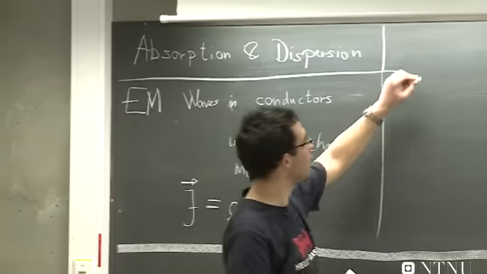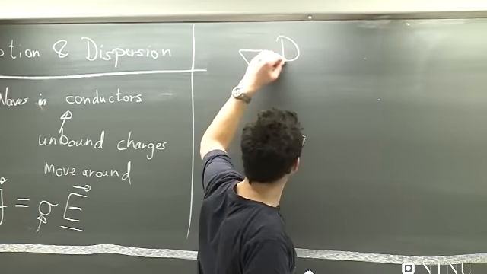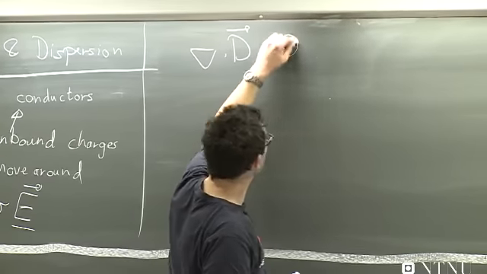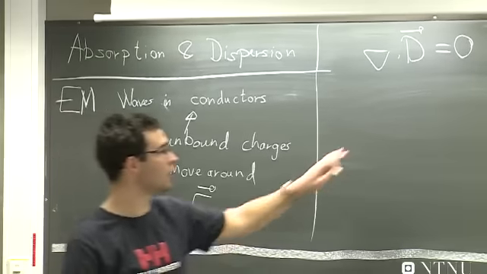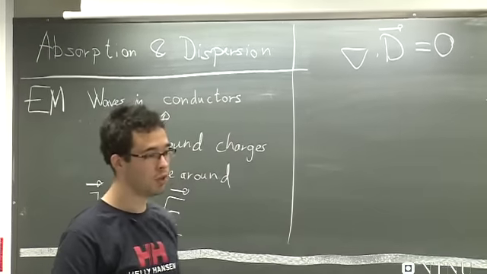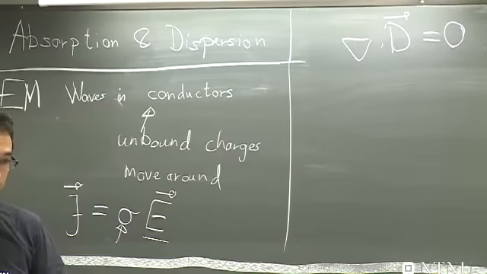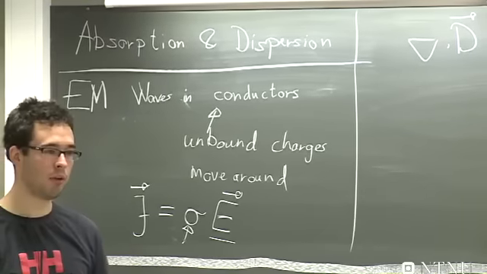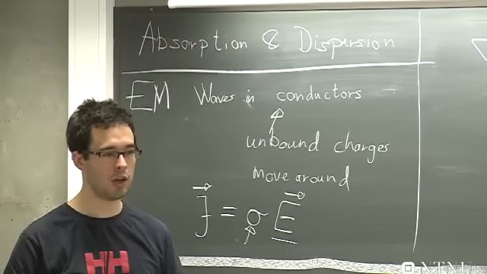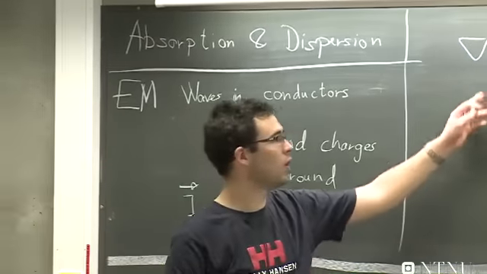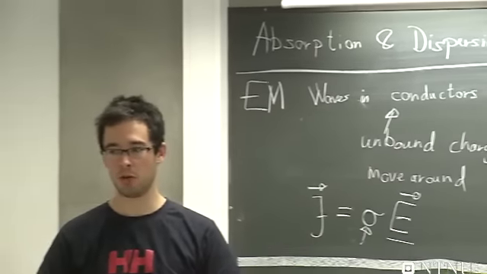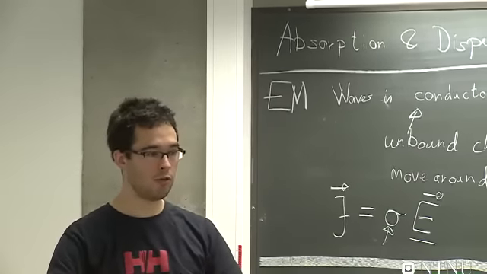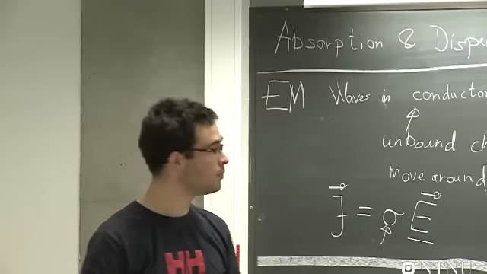Also, we're going to assume the following: that we have no sources of the D field, no charges. So you're not going to have any accumulation of charges. And if you're wondering about that, you can read in the book. There's a nice argument showing that if there's a charge accumulated in a conductor, it's going to dissipate because it's a conductor, and charges of the same sign are going to repel.